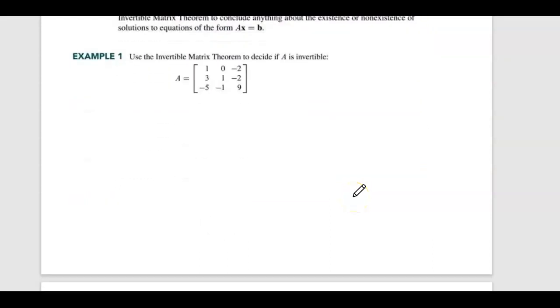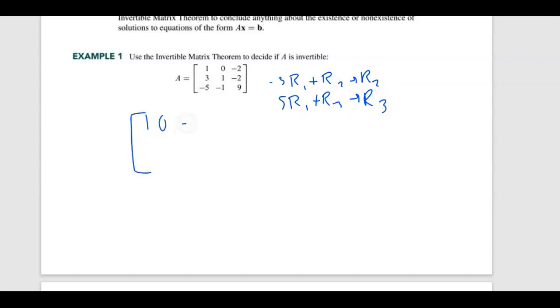All right, so let's use this to say, hey, is A invertible? Well, the thing we can do is ask, do I have pivot columns in every column? So if I take -3 row 1 and add to row 2 and put that back in row 2, and if I take 5 row 1 and add that to row 3 and put it back into row 3, then let's see what I get.